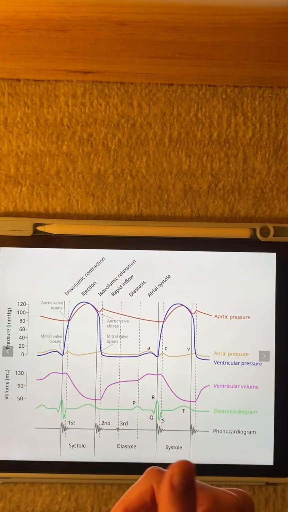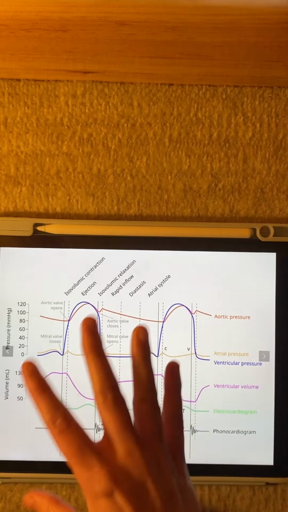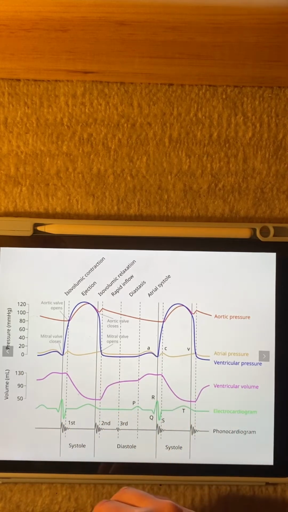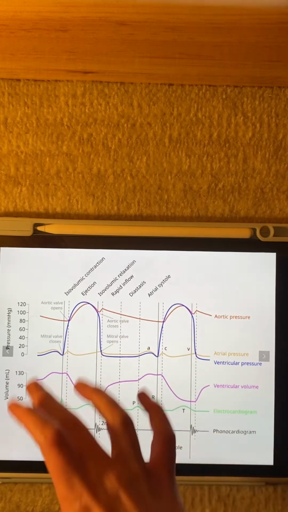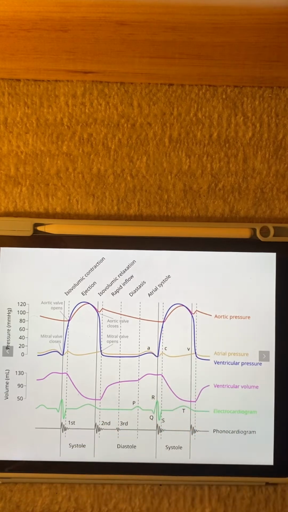And with that being said, let's go ahead and get right into it and dive into integrating all of these moving parts together. So, Wiggers diagram starts with the firing of the SA node.